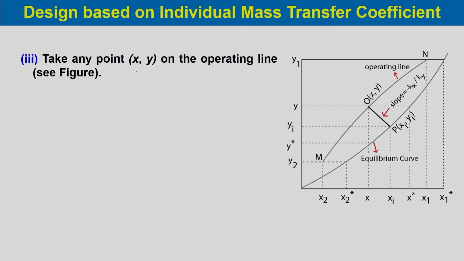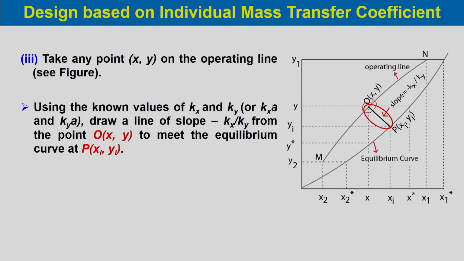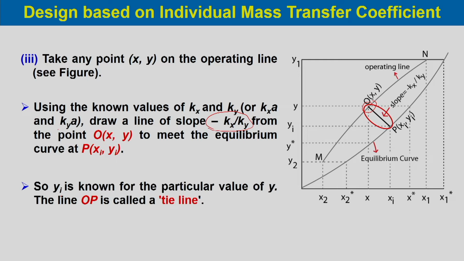Then take any point x, y on the operating line. So, if we take, see the figure over here, we can take any point x, y over here. Using the known values of kx and ky or kxa and kya, we can calculate the slope of the line from the point to meet the equilibrium curve at point xi, yi. yi is known for the particular values of y.